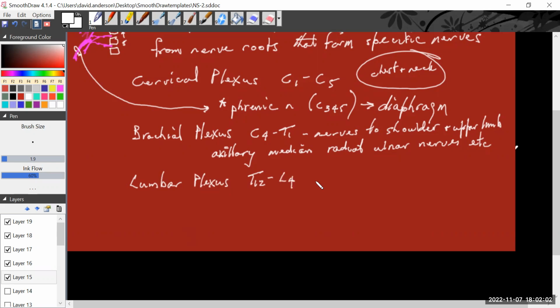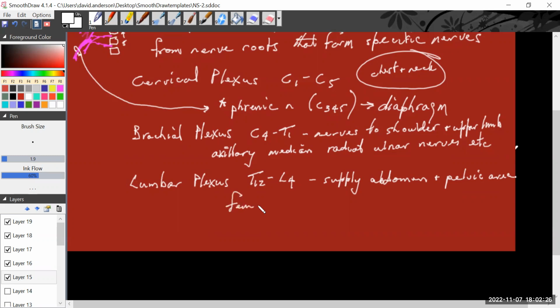Okay, and these are going to provide sensation from the skin and to the muscles of this region, abdominal and pelvic areas.